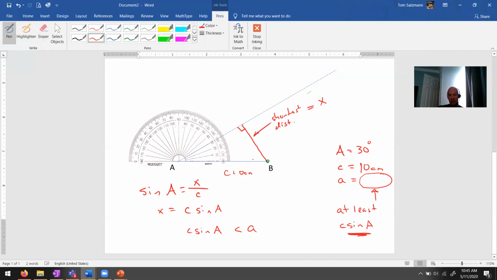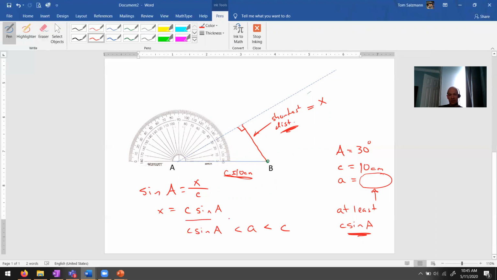So if we actually look at side C here, in this case I said, let's say for example, it was 10 centimeters, but just in general, it cannot be longer than side C. So it's got to be bigger than the shortest distance, which is C sine A, and it's got to be less than the length of this fixed leg of the triangle, I guess, although I guess it's the hypotenuse.